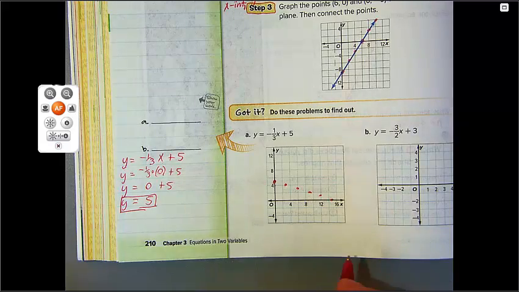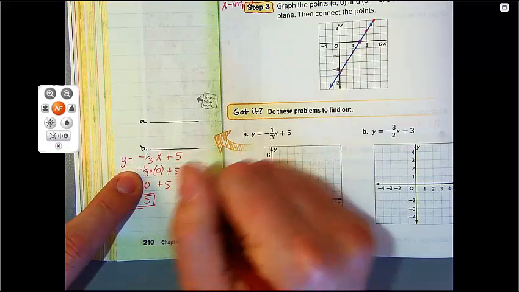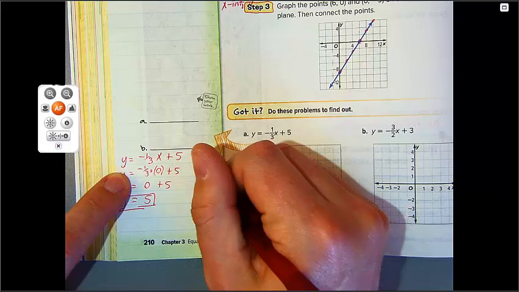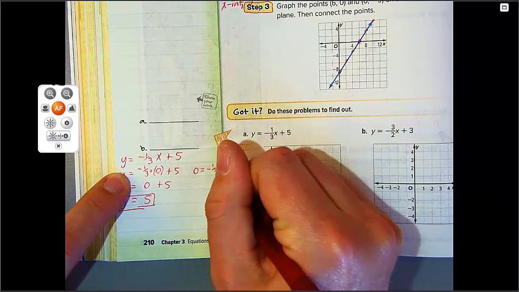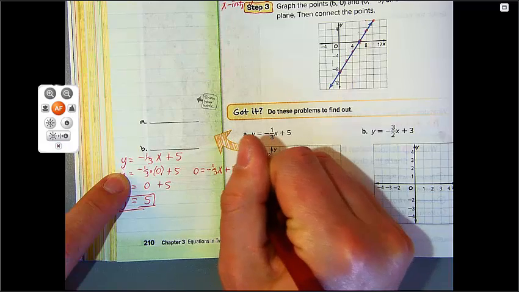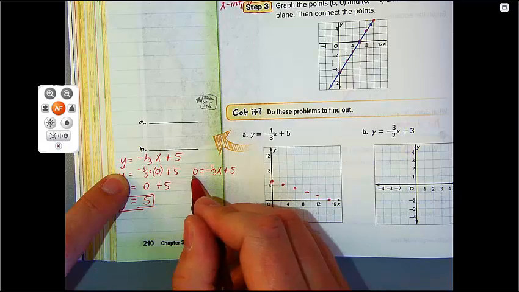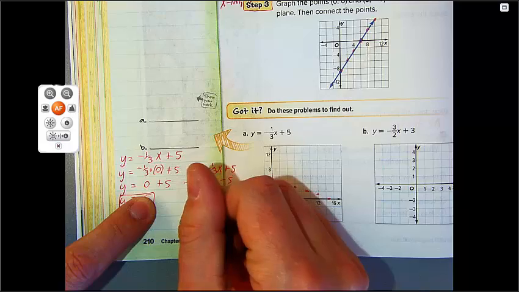Now I want to show you how this works, because if you wanted to find the x-intercept, I could do the same thing and just find the x-intercept with math by making the y 0. So I could have 0 equals negative 1/3 x plus 5. Notice I left the x to find the x-intercept. I make y 0, so then I just do math. I subtract the 5 over.